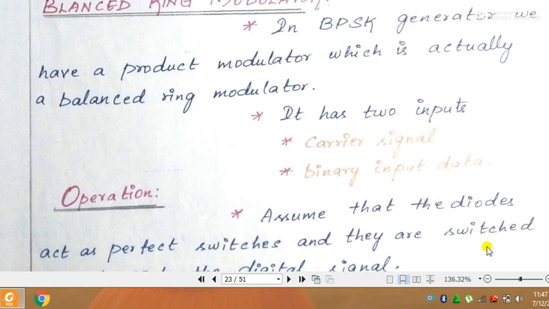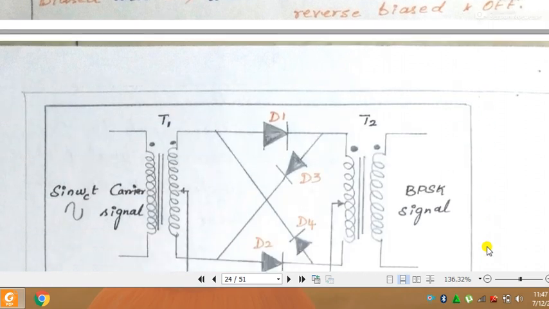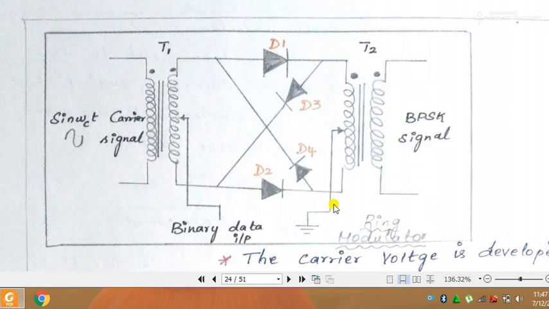Let us see the operation of PSK. See here, this is the carrier input signal, and another one is the binary input data. These two inputs are given to the balanced ring modulator. Assume that the diodes act as perfect switches and they are switched on and off by the digital signal.